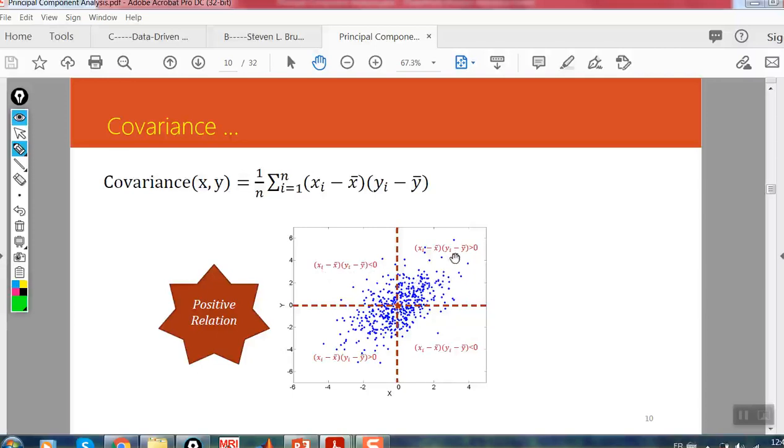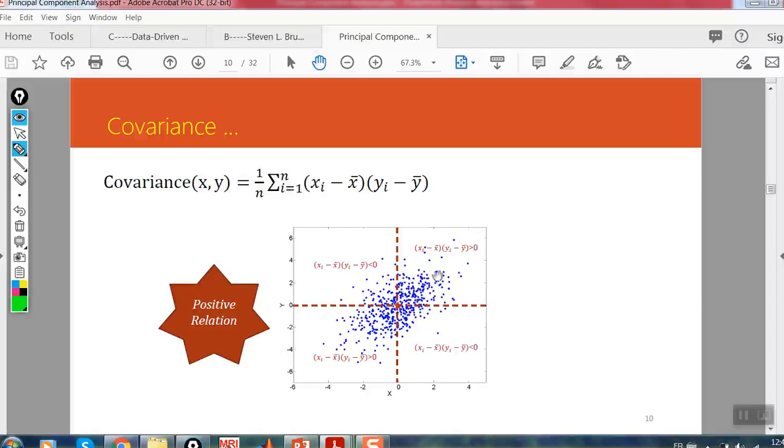Okay, and as you see again in this figure, the amount of positive value in these two areas is greater than the negative value in these two areas. Then the covariance of this data with this direction is positive.